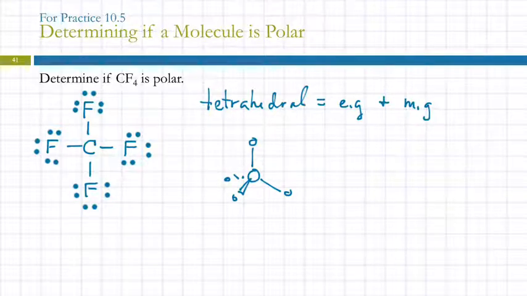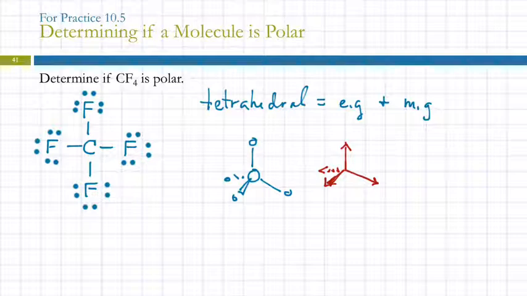And so what we have here is vectors of equal magnitude, because each of these bonds has the same electronegativity difference, right? Carbon and fluorine, carbon and fluorine, carbon and fluorine, carbon and fluorine. So we have a vector that's going up, and we have one that's coming out at this angle, and then there's one that's sticking out at us, and then there's one that's sticking back that way.